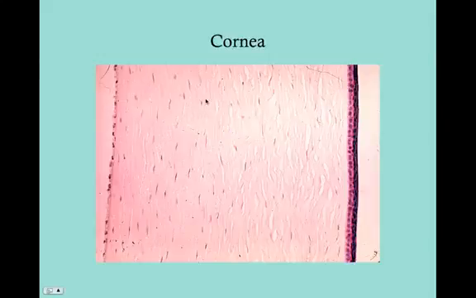Then you have the stroma here, which is the largest layer that's in the middle. And then there's a sort of basement membrane for the endothelium that's called the Descemet's membrane. And then the endothelium is the innermost portion, and that's a squamous epithelium.